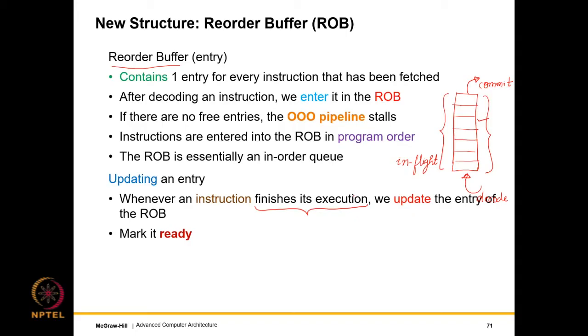What do we mean by finishing its execution? An ALU instruction finishes its execution when it has computed the value of the output register. A branch finishes its execution when it has computed the outcome and the target.